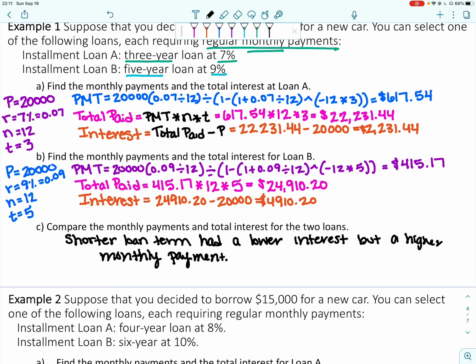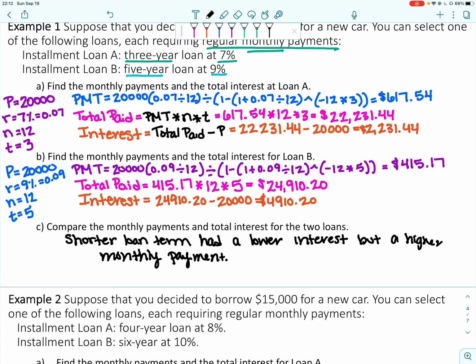And that will always be the case. If these two loans had the same interest rate, we would see that the shorter loan term, 3 years, would have a higher payment because we have less time to pay it off, but then we would pay less in interest than if we had the same interest rate but a longer term loan.